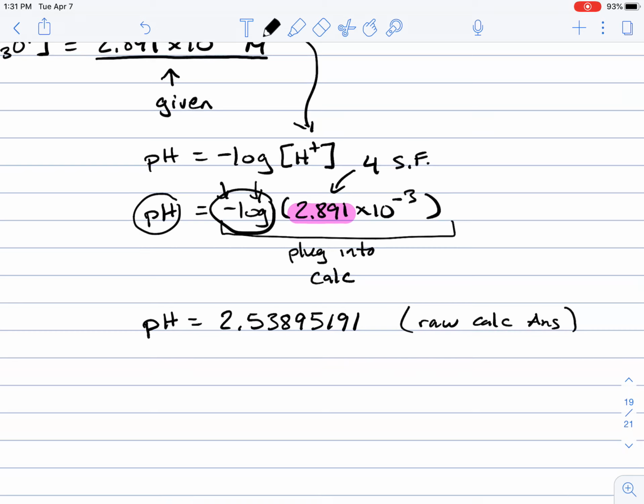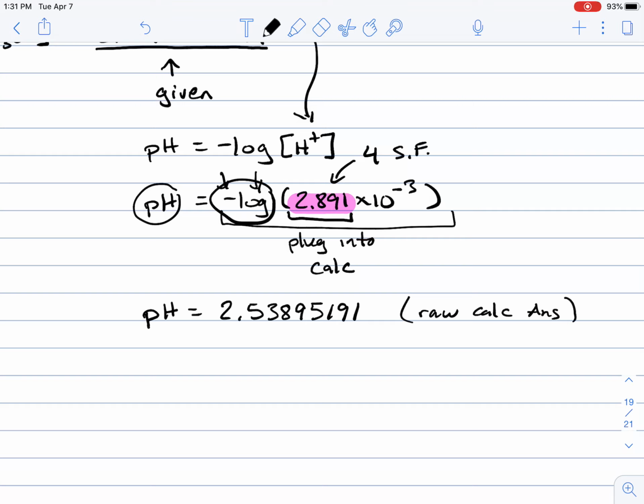If I have four significant figures, when I take the pH of that value, the four significant figures are going to be represented by four places after the decimal. So 4 decimal places. Okay, did you guys get that? 4 sig figs, 4 places after the decimal. And that's going from concentration or molarity into pH or pOH.